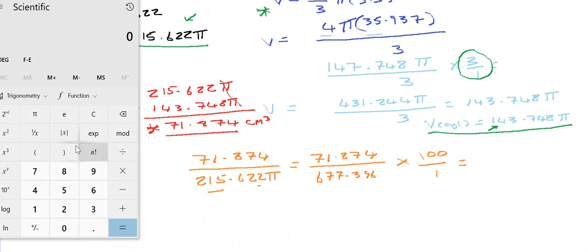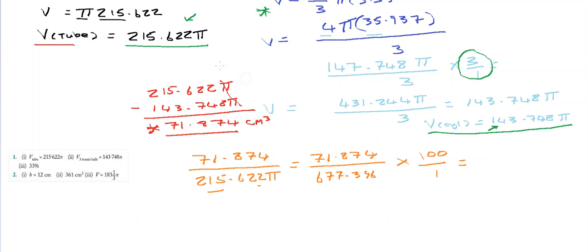Okay, so let's have a look at this. We can't subtract these two from each other, so the top will be 71.874 pi. Now we don't need to multiply this out like this. So I'll just rub this out.